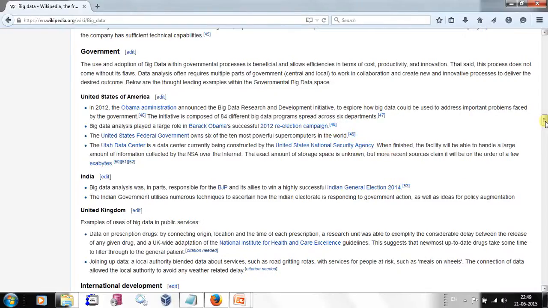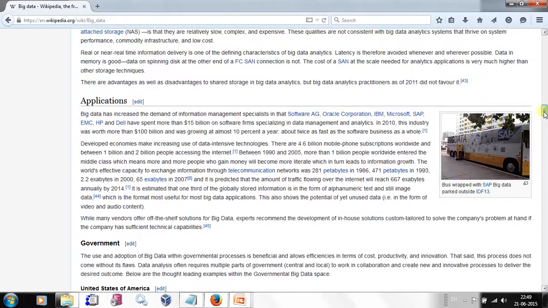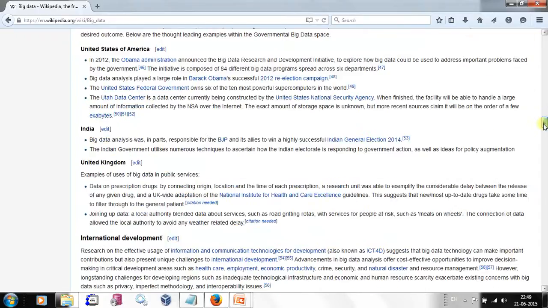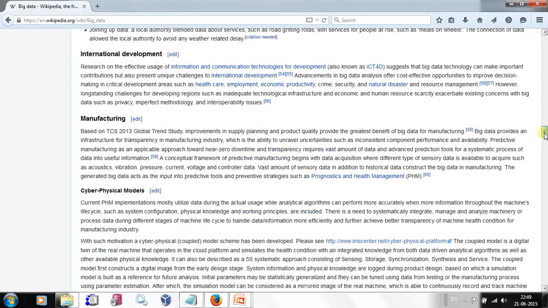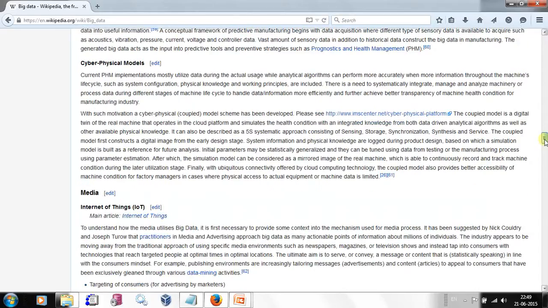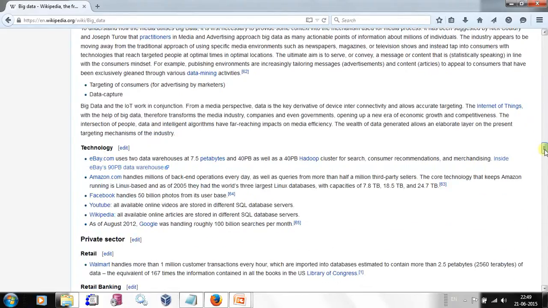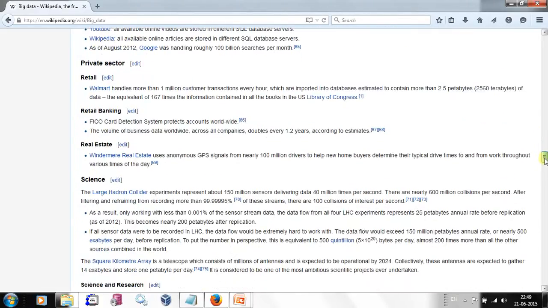If you want to see applications of big data, you can always refer to Wikipedia, where you can see big data is helpful in various sectors like government, manufacturing, cyber-physical models, media, technology, retail, retail banking, real estate and science. So you can always go through this.